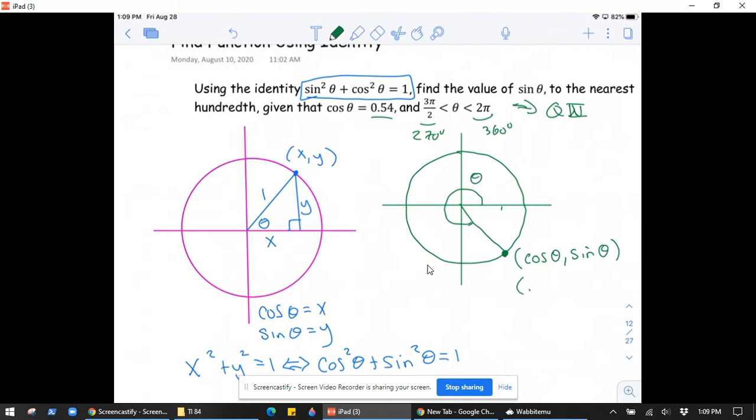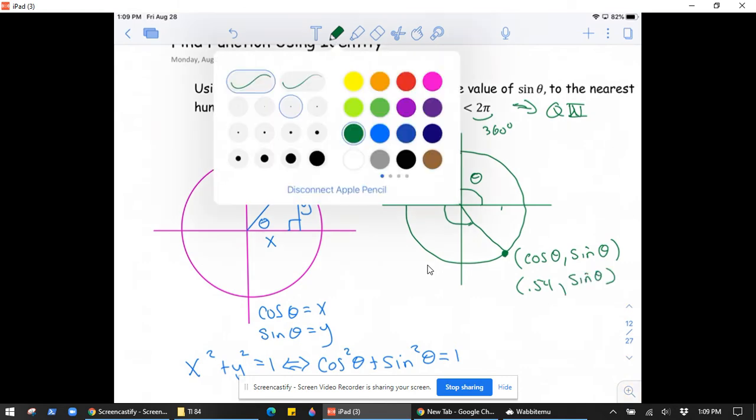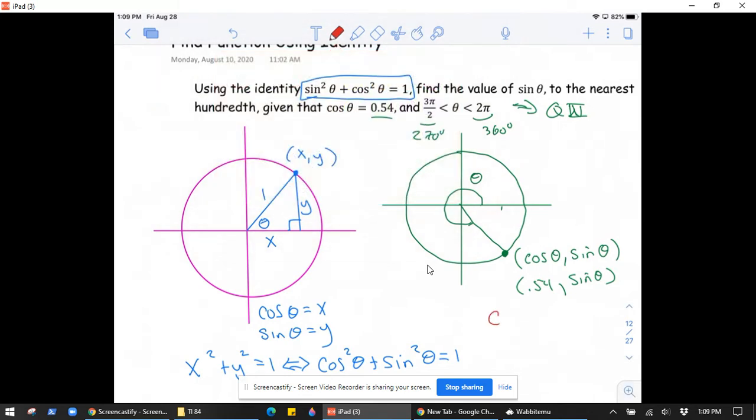We know that this is 0.54. We want what sine of theta is, but of course we can just use the identity: sine squared of theta plus cosine squared of theta is equal to 1. And then we just have to make sure we keep the negative, because this length right here, that is the sine of theta, which is clearly a negative y coordinate.